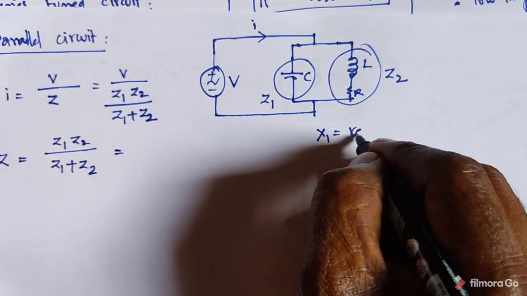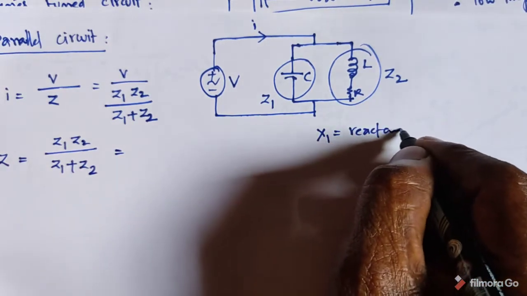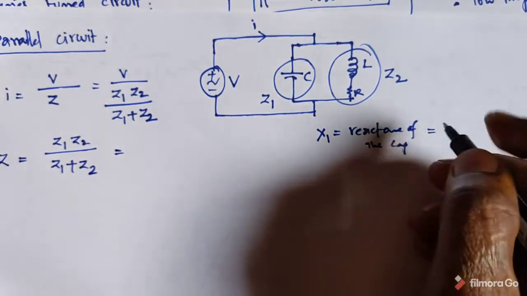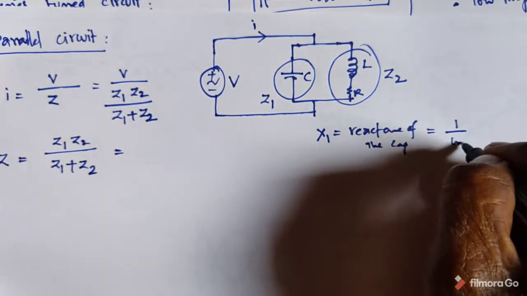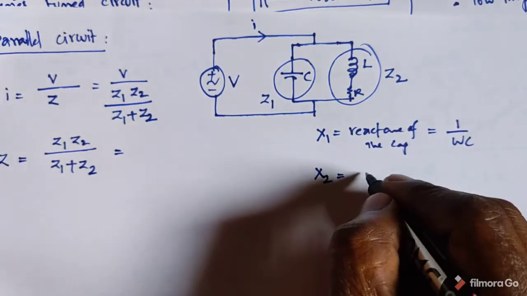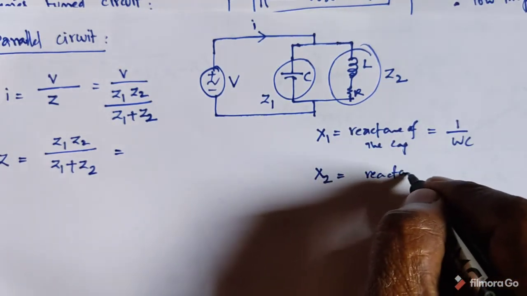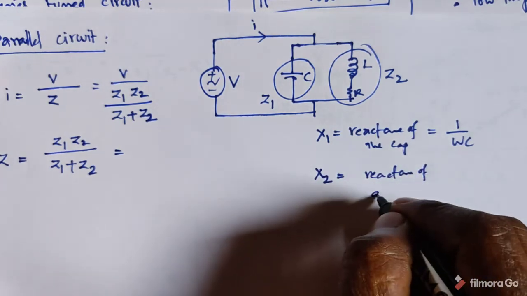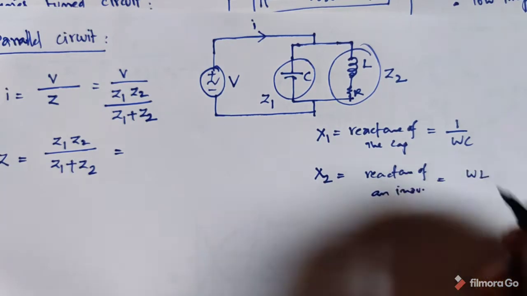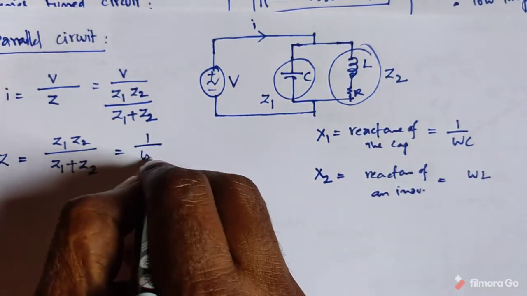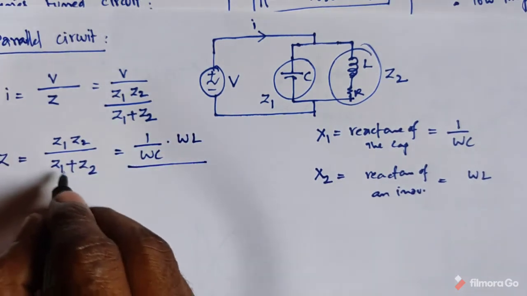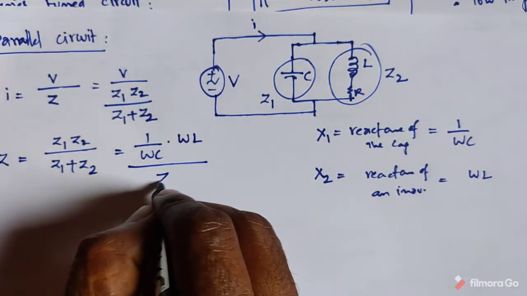the reactance of the capacitor, which is equal to 1 by omega C. And Z2 is the reactance of the inductor. If you neglect the resistance, which is very small, you can take omega L. So there is 1 by omega C into omega L by Z1 plus Z2, and that is the total impedance.